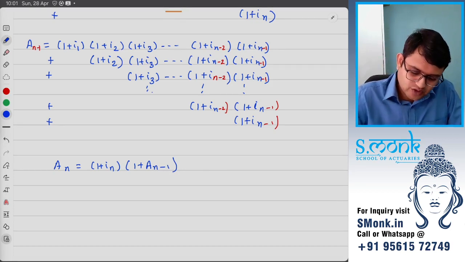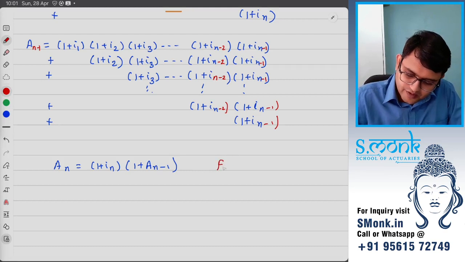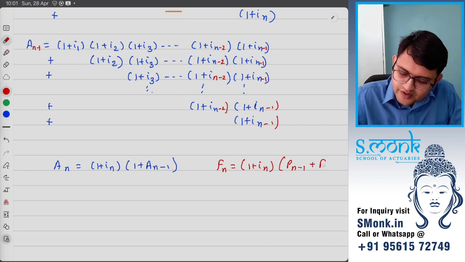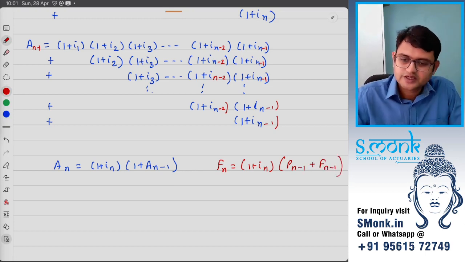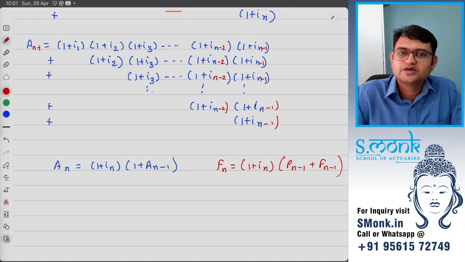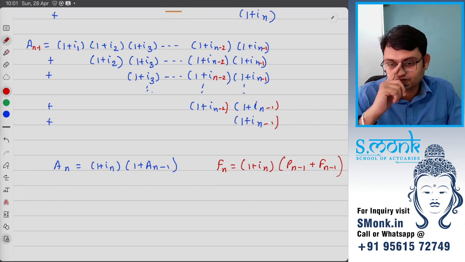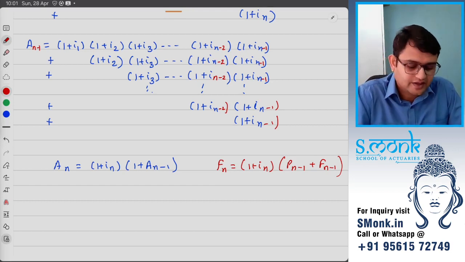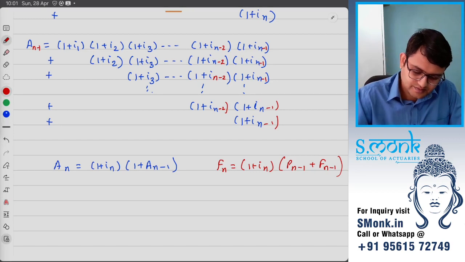This comes from F_n being (1 plus i_n) into (P_n plus the fund at n minus 1). This is exactly the same thing, just that the amount we are investing each year is 1, and the fund is written as A.